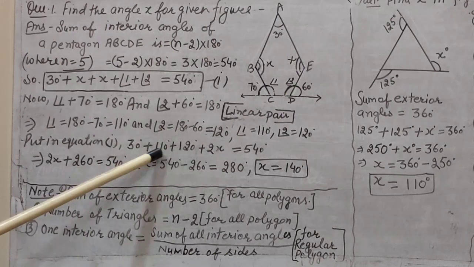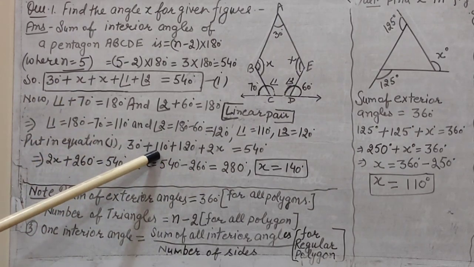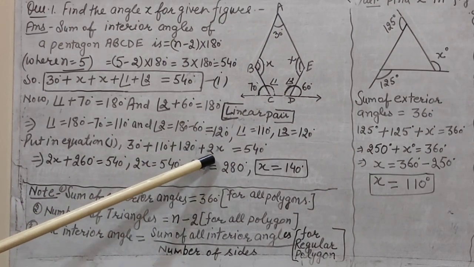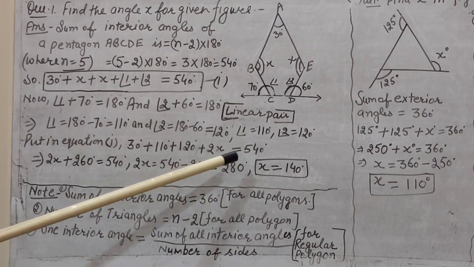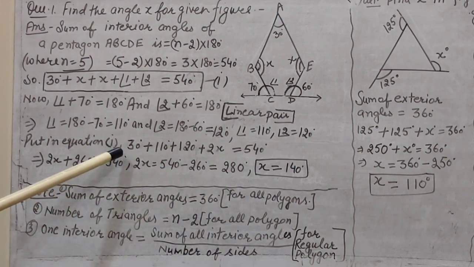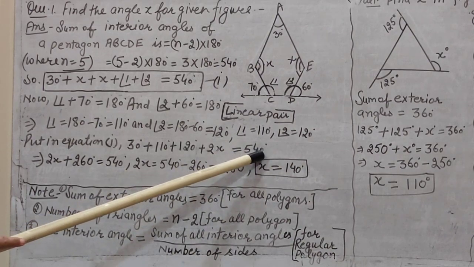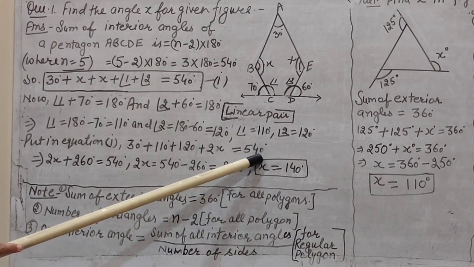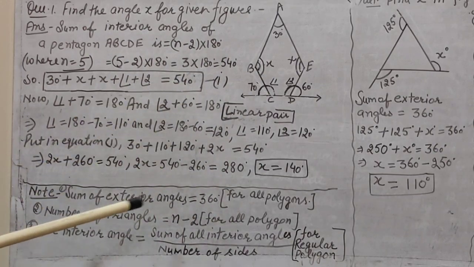Put 110 degree and 120 degree. So total is 30 plus 110 plus 120 plus x, we get 2x. So left hand side now, either angles or only x, is equal to 540 degree, which we found out with the help of sum of interior angle property.